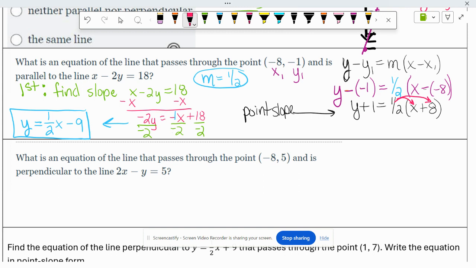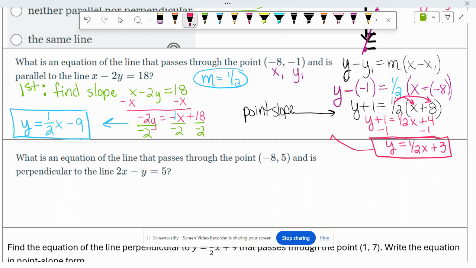Yeah, I'm going to have to distribute that 1/2 first. Y plus 1 equals 1/2 times x is 1/2 x, and 1/2 of 8 is 4. And then I'm just going to subtract 1 from both sides. So in slope intercept form, this is y equals 1/2 x plus 3.